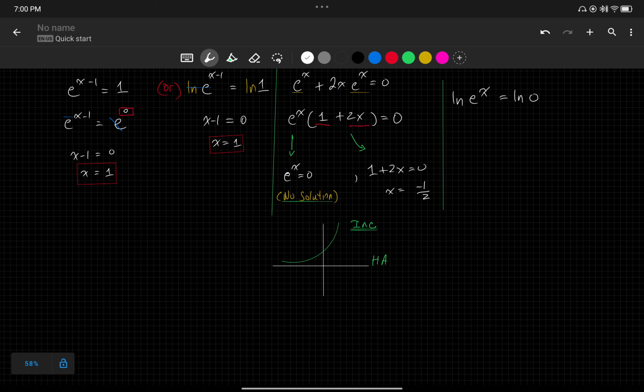Well, yeah, this guy is going to cancel. So this works out pretty nice. But then if you put this in the calculator, the calculator is not going to like you. It's going to say error because it has no solution.